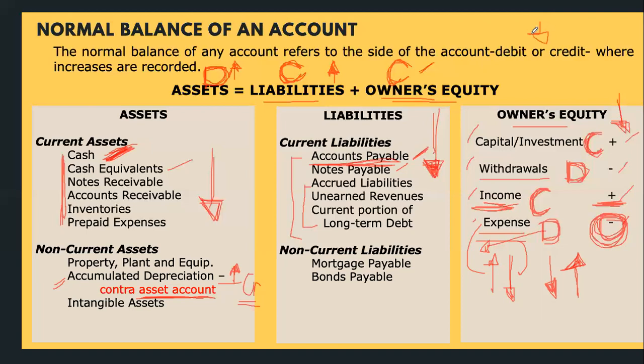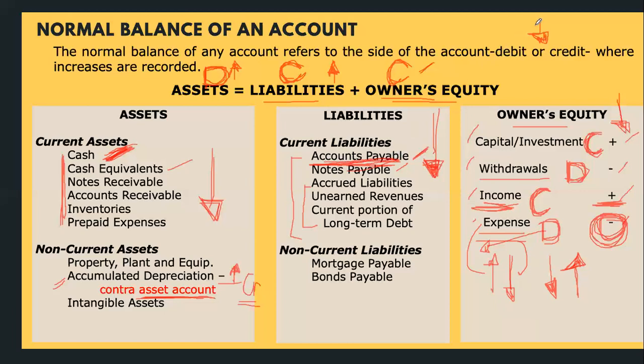Why? Because the normal balance of liability is credit. So every time you credit a liability account, it will increase your total liability balance. But in the example, I debited the accounts payable account. Therefore, it's not their normal balance. So, if I debited accounts payable, what is the effect on total liability?